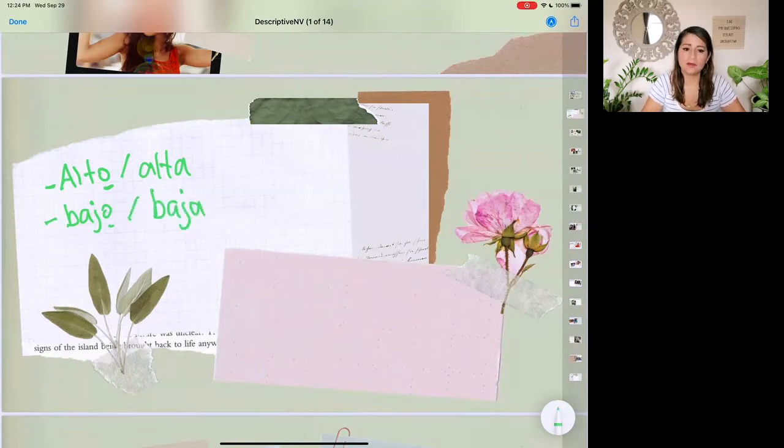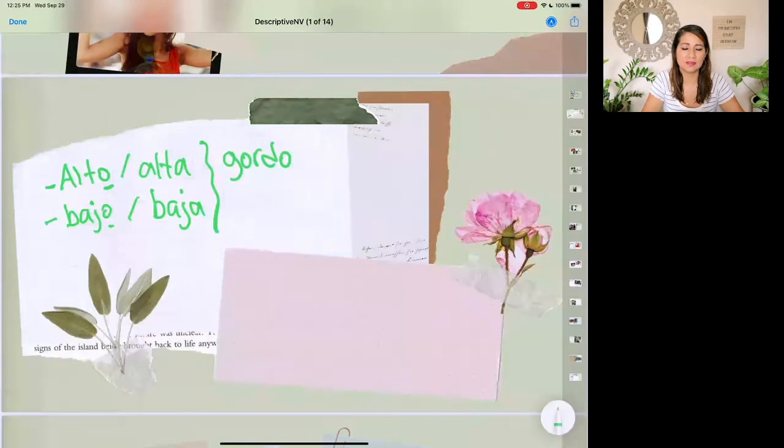Okay, we also will use adjectives to talk about somebody's weight, like if they have a few extra pounds or if they're really skinny. We actually use the word gordo. This translates to fat. It could be a little offensive depending on the situation. In the Spanish-speaking world, it is very accepted socially, so people are not really offended that much.